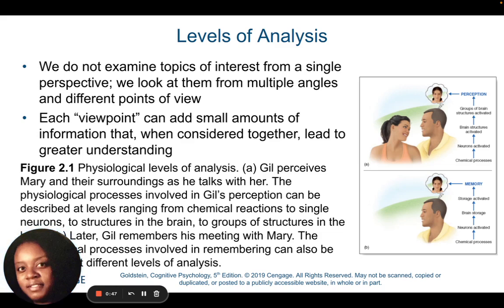One thing that your book will talk about is Gil and Mary. When they first encounter each other and talk to each other, they are starting to perceive and develop an understanding of each other. Chemicals are being released that may show that they are interested in one another from a romantic standpoint.